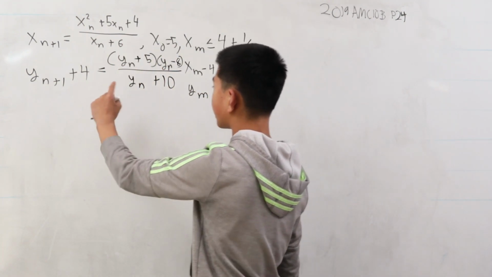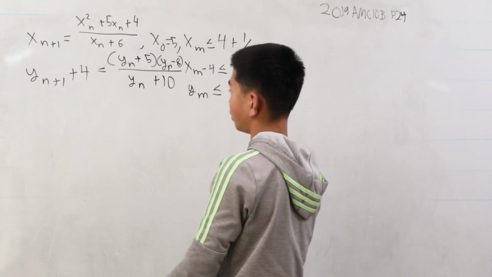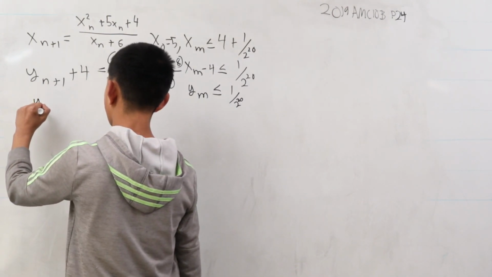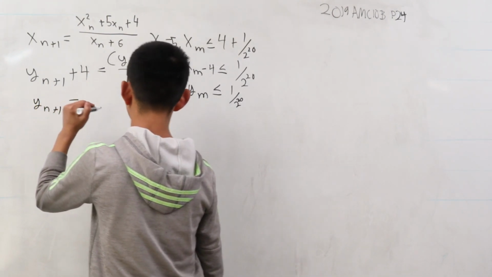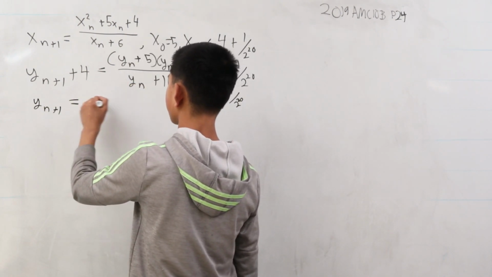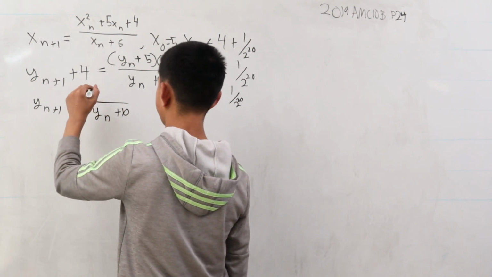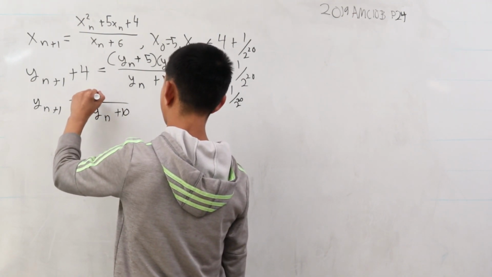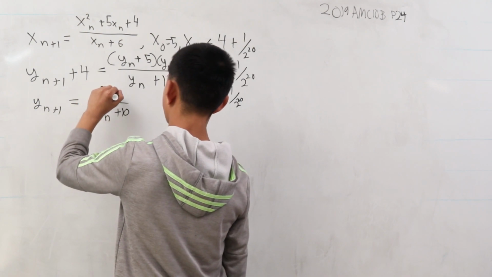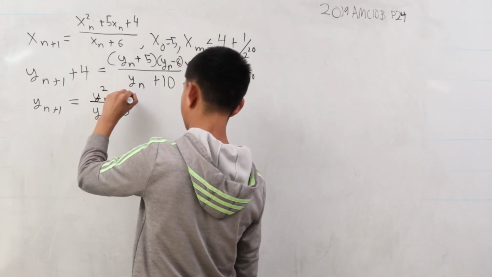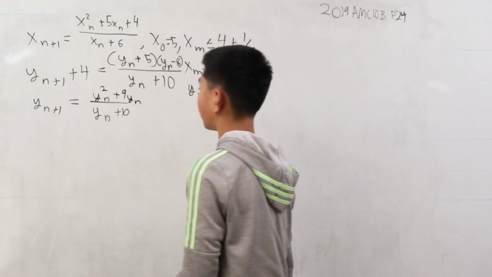So when we subtract 4 from both sides, we get that y of n plus 1 is equal to, still y of n plus 10 in the denominator, but now the numerator is y of n squared plus 9yn when you simplify it.